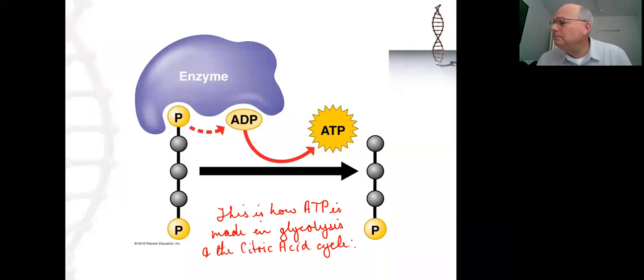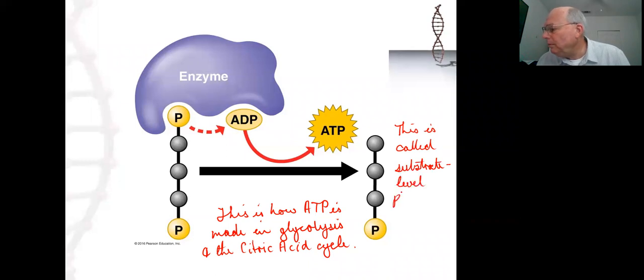And it's called substrate level phosphorylation. Why substrate level? Because it revolves around an enzyme, and you can see the enzyme in the diagram that transfers the phosphate group from the organic molecule to ADP to form ATP. So that's why it's called substrate level, because it involves an enzyme.